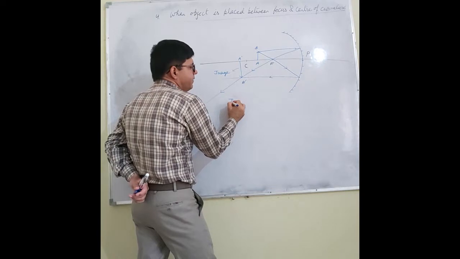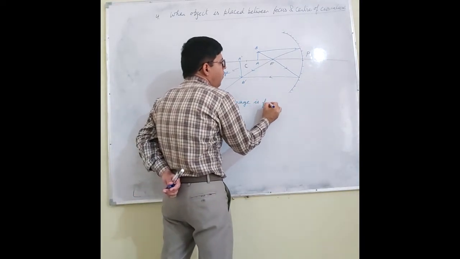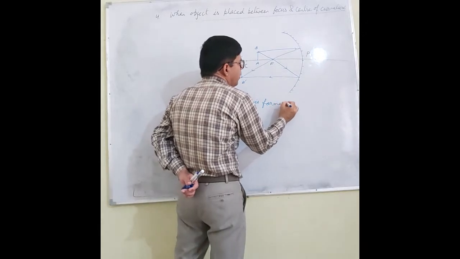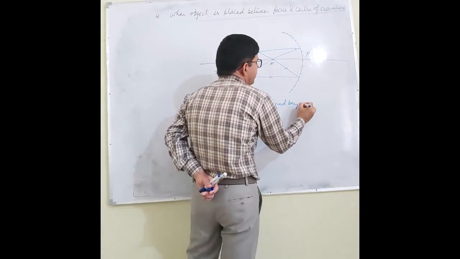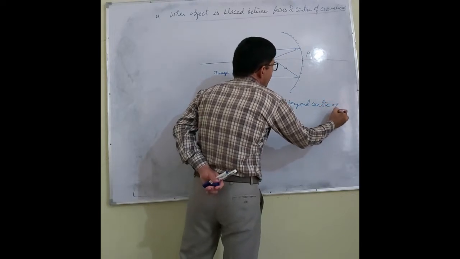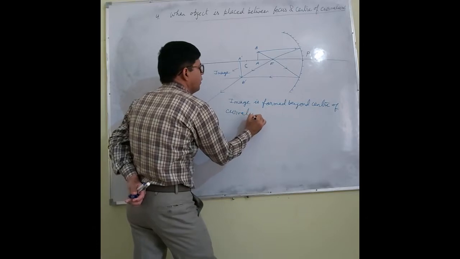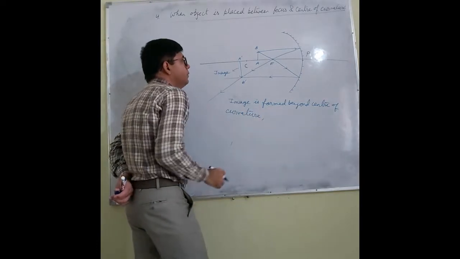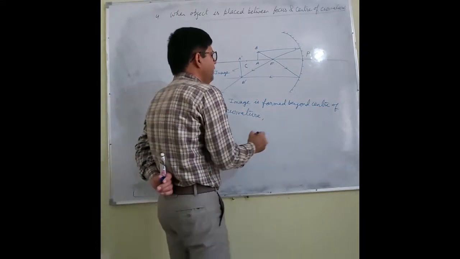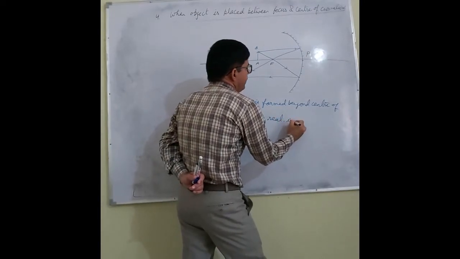So what are the characteristics of the image? The image is formed beyond C, meaning the center of curvature. Beyond the center of curvature, real, inverted.